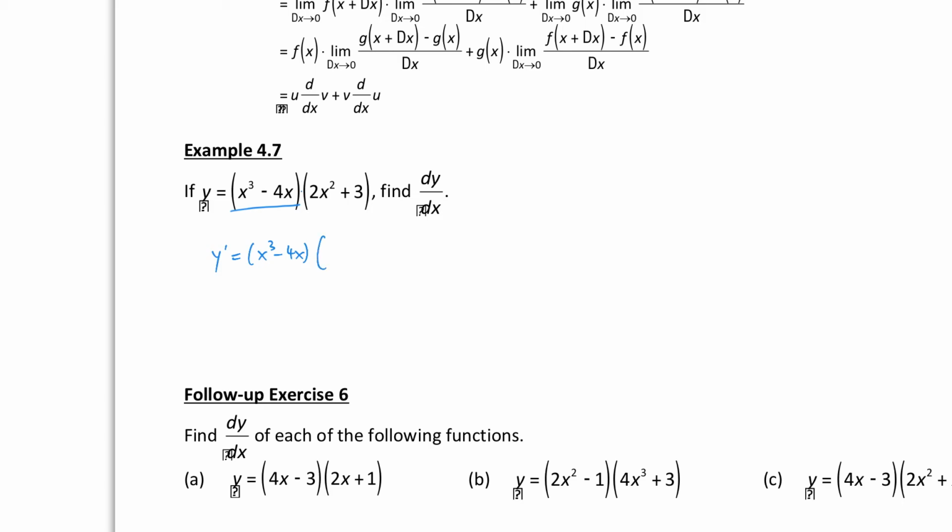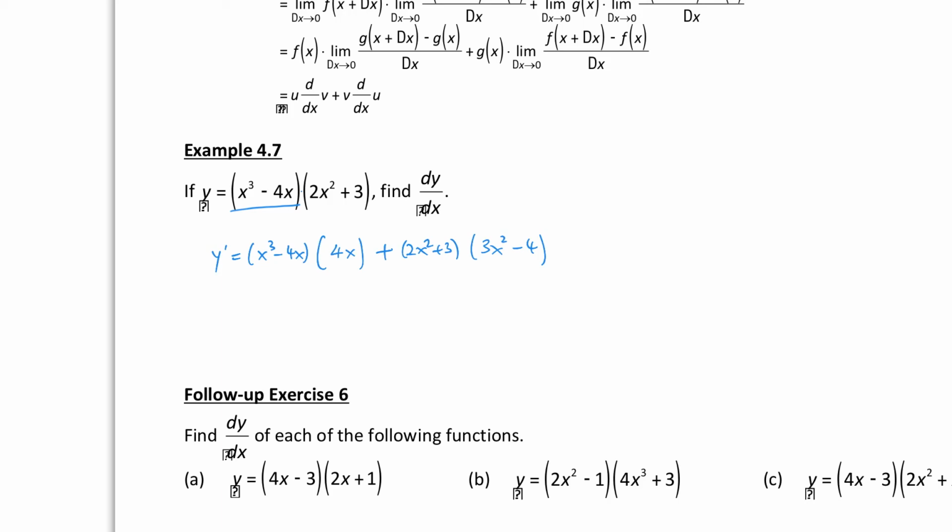If you are familiar with the derivative, you can write down the answer. This is equal to 4x plus 0. And then plus, write down the second term, and this is 3x squared minus 4.